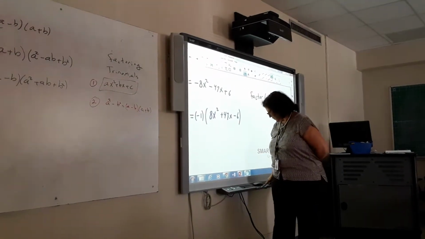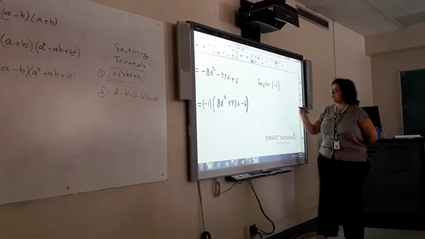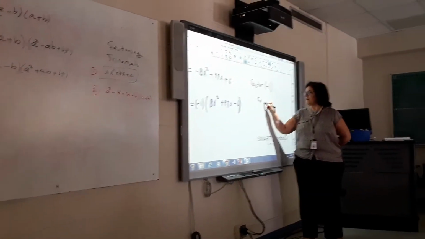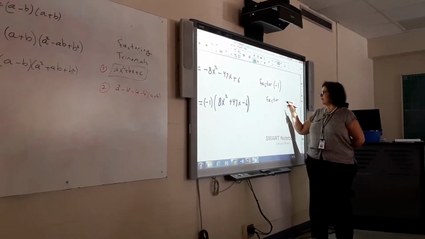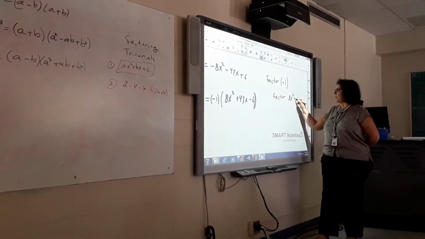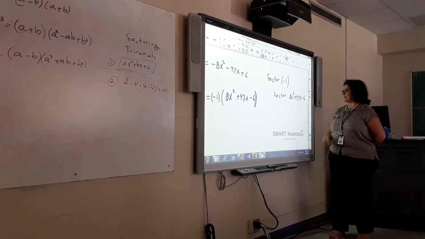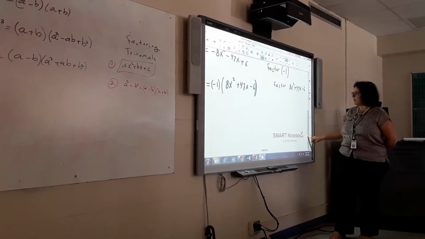Very good. So now on the margin, I need to factor 8x squared plus 47x minus 6. What is my A?